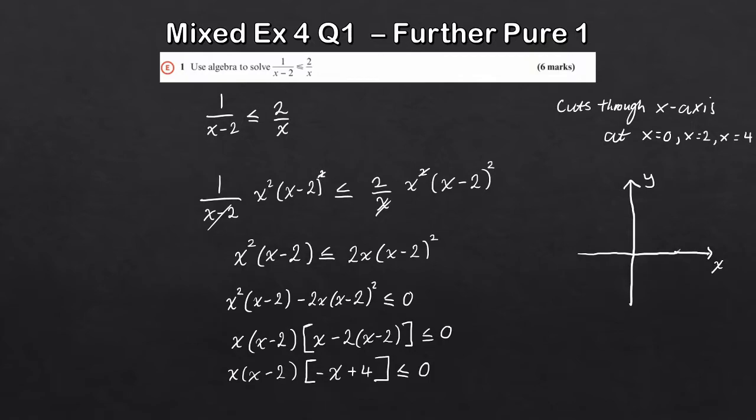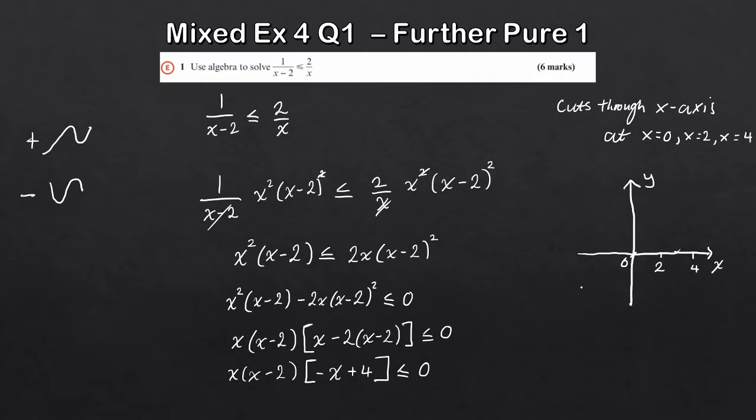How I remember this is a positive one is an n into a u, and then a negative one is a u into an n. That might be a funky way of remembering it, but that's how I used to do it when I was in maths. So because it's negative, we're going to have this shape here. It cuts through at 0, so that's that point there, 2, and 4.